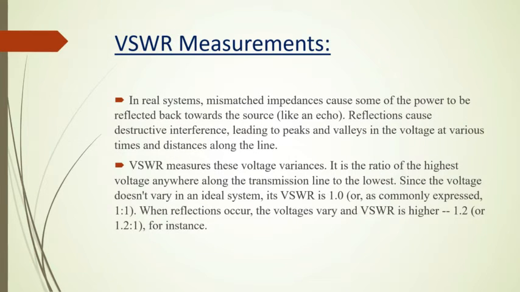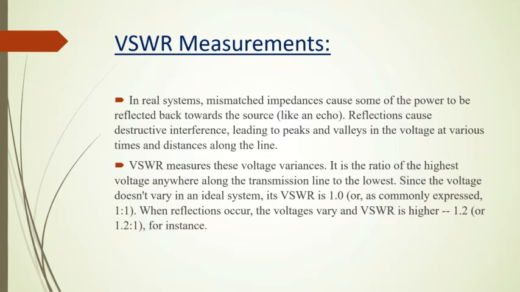Then for real systems, there is a mismatch of impedances. So some of the power is reflected back from the load toward the source. Those reflections cause destructive interference, leading to peaks and valleys in the voltage at various times and distances along the line.